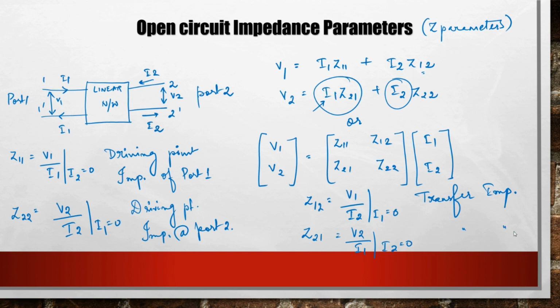So here we have 4 Z parameters, two of which are the driving point impedances: Z11 is the driving point impedance of port 1, Z22 is that of port 2, and Z12 and Z21 are the transfer impedances. Let us now look at a simple numerical where we will be asked to compute the Z parameters of a given network.